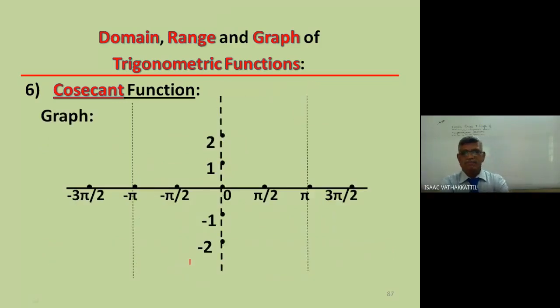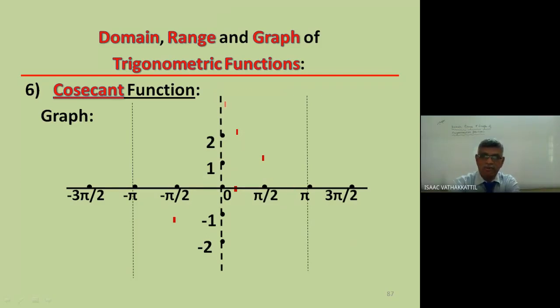What about the graph? It is not defined at 0, not defined at pi, not defined at minus pi. Cosec pi by 2 is 1, cosec minus pi by 2 is minus 1, cosec pi by 6 is 2, 1 upon sin pi by 6. Sin pi by 6 is 1 by 2, so cosec pi by 6 is 2.